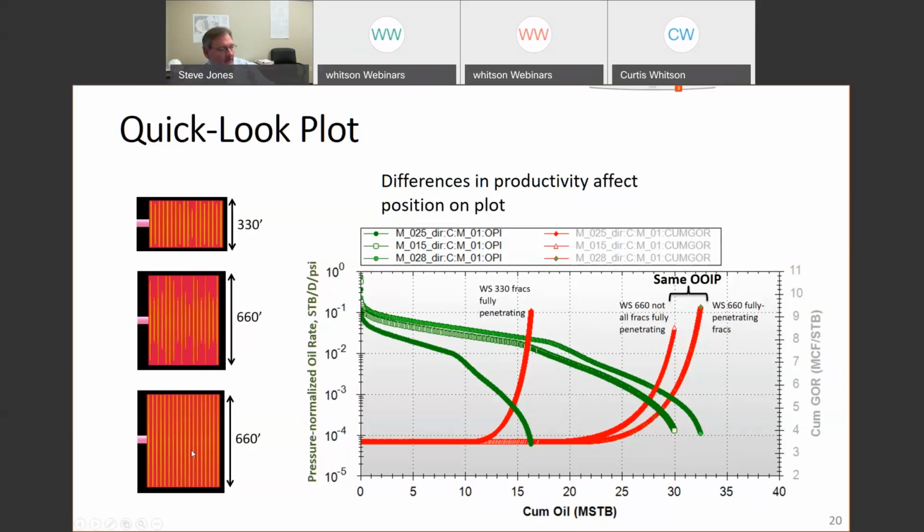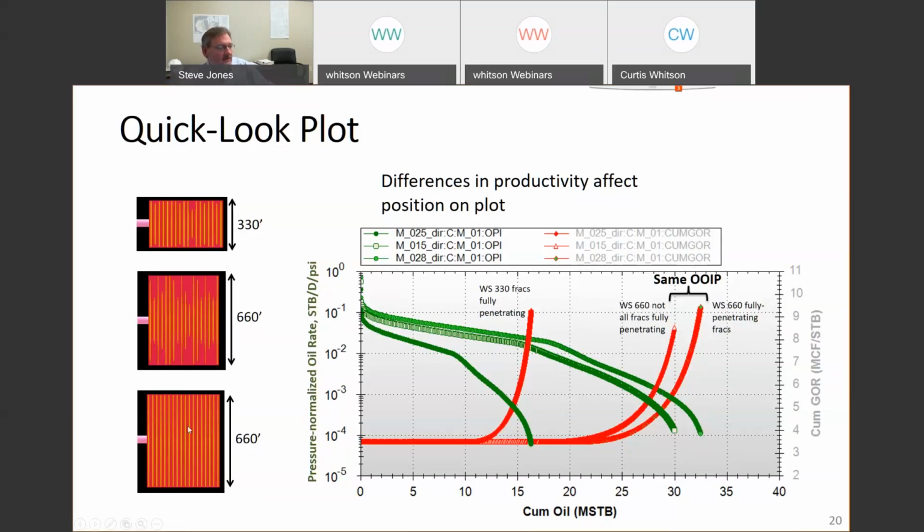So you have more productivity in the lower case, which is the set of curves that's farthest right on this plot. So even though these two sets of curves on the far right have the same oil in place, they have different curves for pressure normalized rate and for GOR simply because of the productivity.